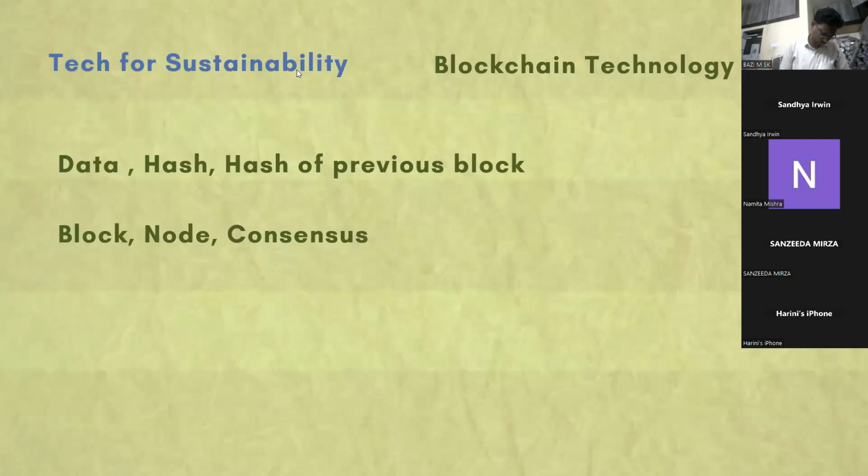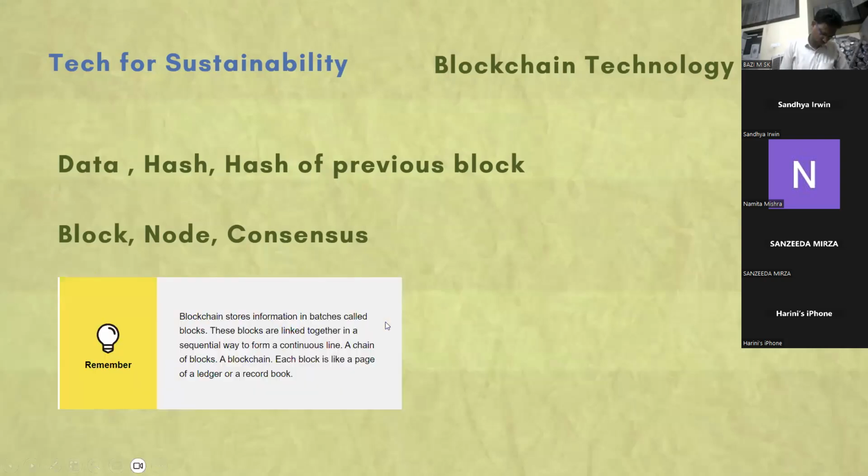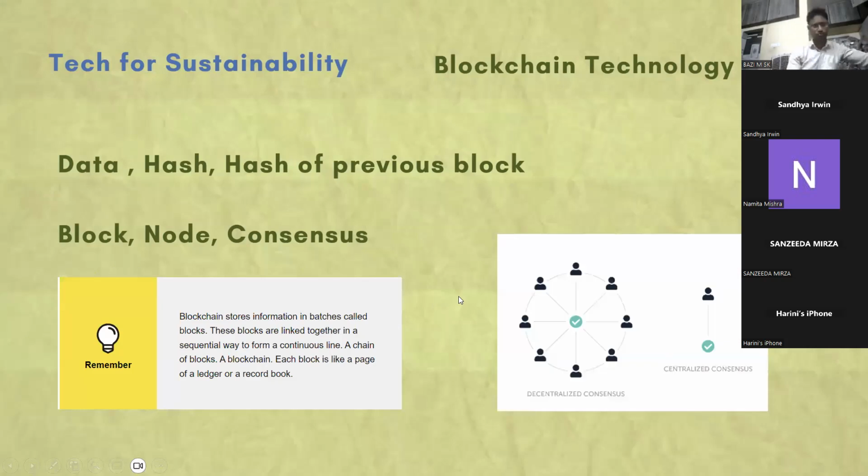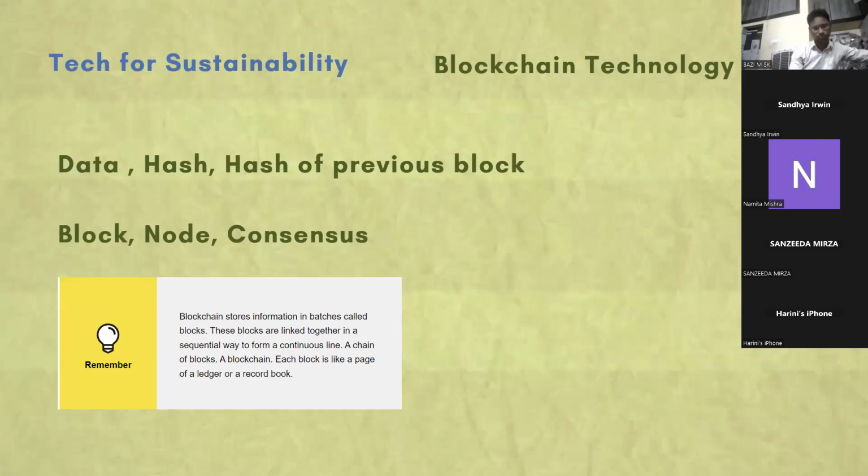Now, yes, someone was saying digital ledger. Absolutely. In fact, a maintenance of data where there are multiple digital ledgers maintained on the internet, where there are different sources verifying it as nodes, become a consensus, and that itself forms the entire blockchain, right? Now, if you see this tiny pop-up, it stores information in batches called blocks, like chains, right?